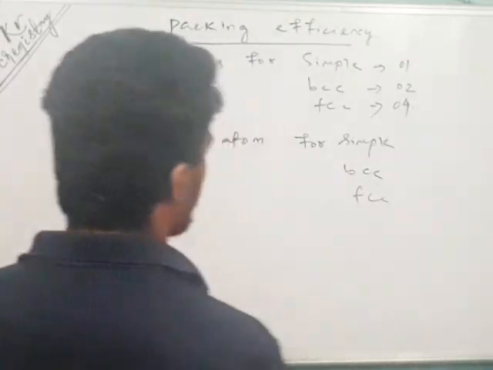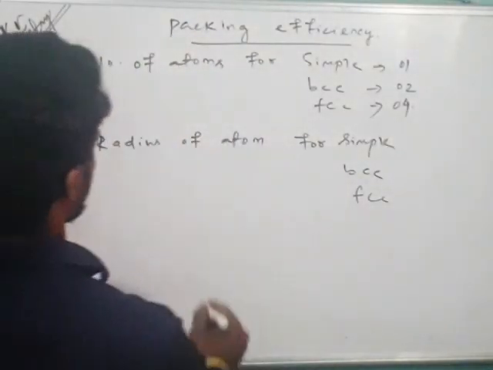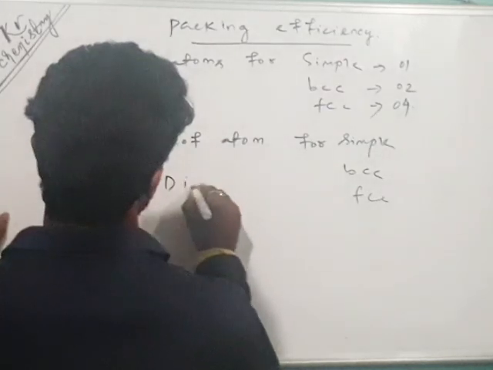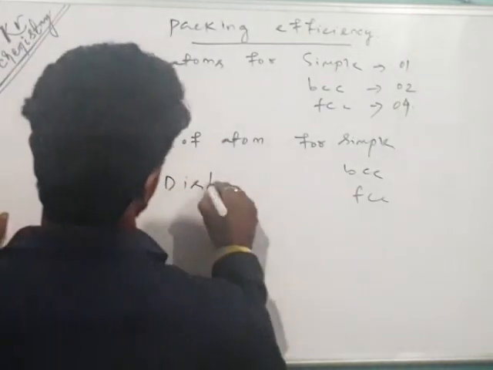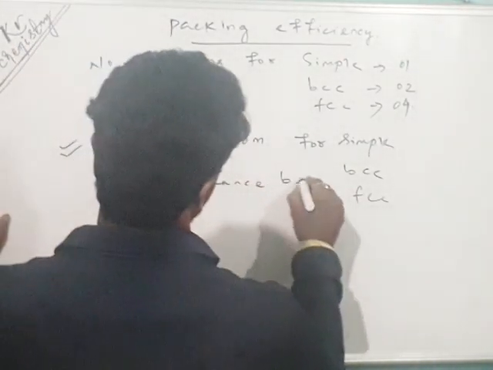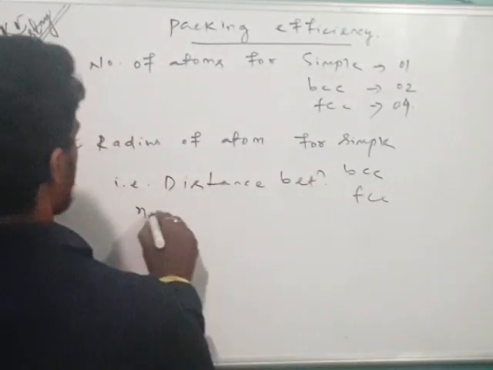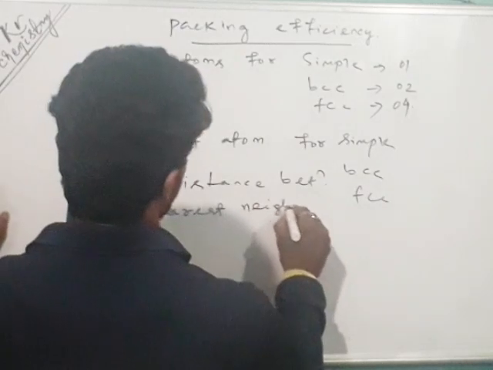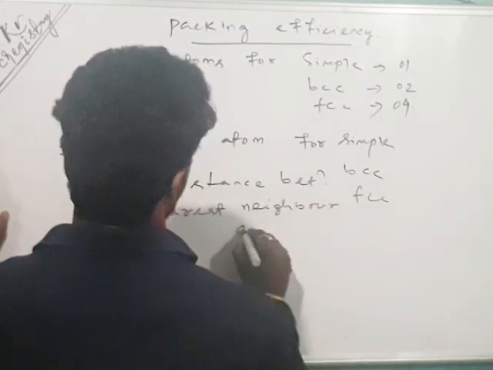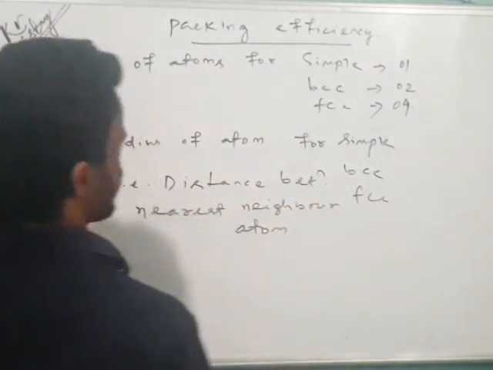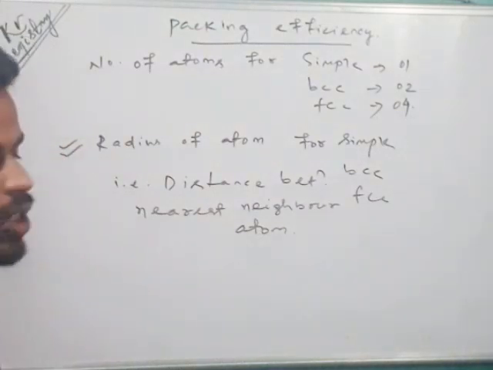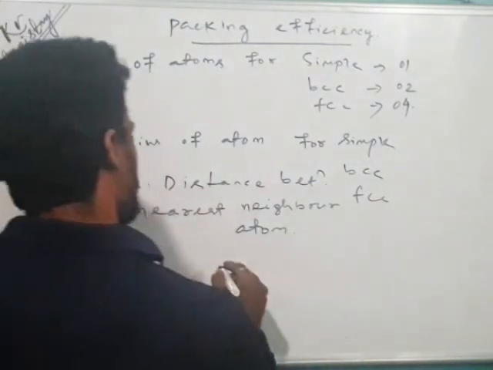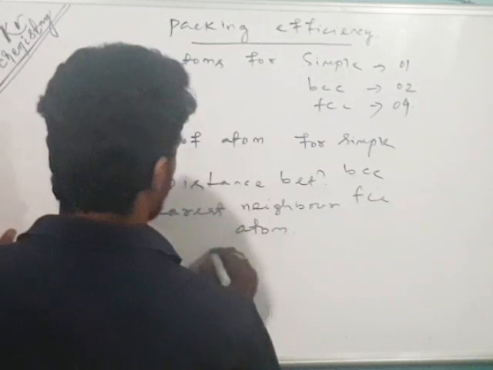Now calculate the radius of the atom for simple, body centered and face centered. The distance between nearest neighbor atoms is d.